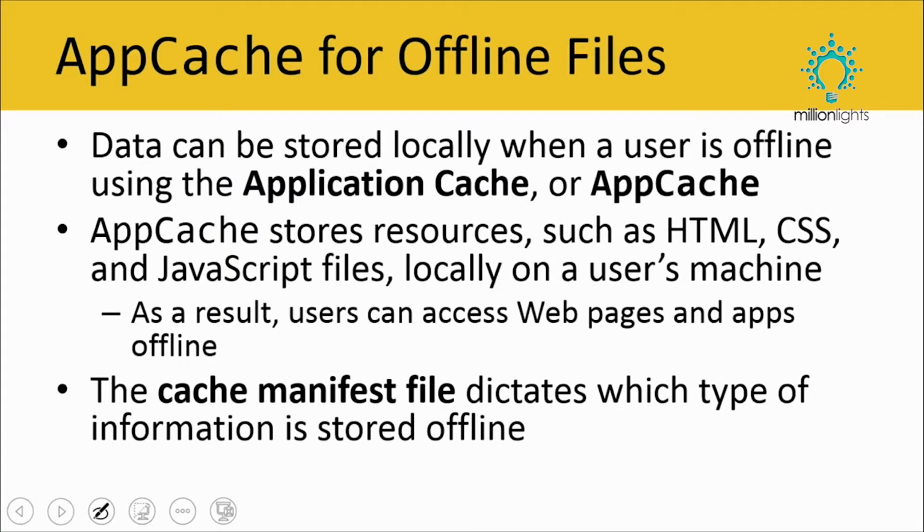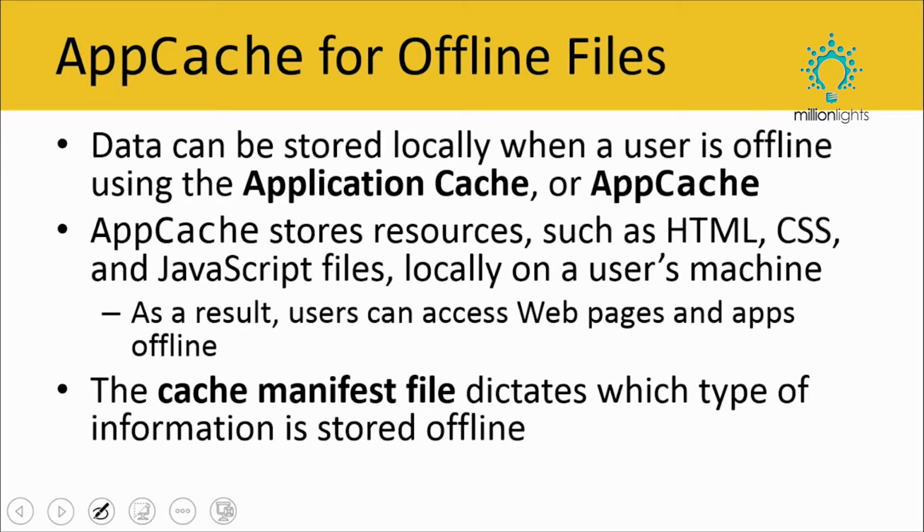AppCache allows us to store data locally when users are offline, and it's going to store resources like the HTML file, CSS files, and JavaScript locally on a user's machine. And so that's what allows them the ability to access those files when they're offline. Sorry guys, I'm getting a little tired today if you can't tell.